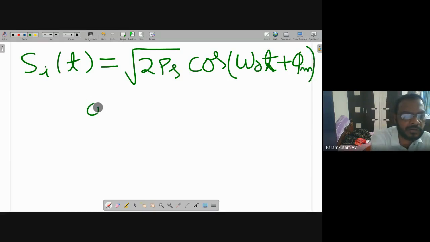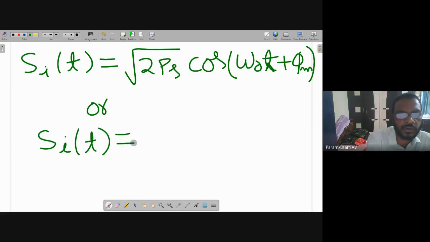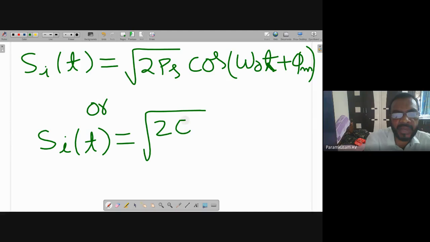Or s_i of t is equal to root over 2E by Ts cos(omega naught t plus phi m).